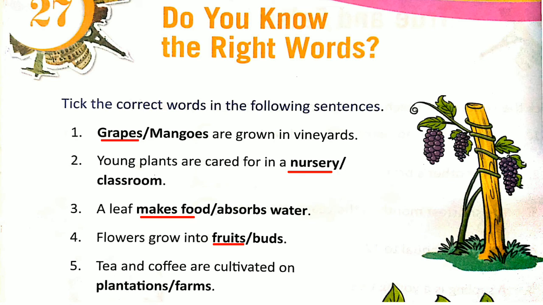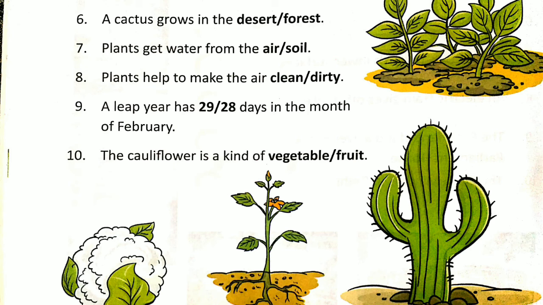And now number 5, tea and coffee are cultivated on what? Where are tea and coffee cultivated? It's a plantation. Tea and coffee are cultivated on a plantation. Okay, now number 6, the cactus grows in the desert or forest. Where does the cactus grow?